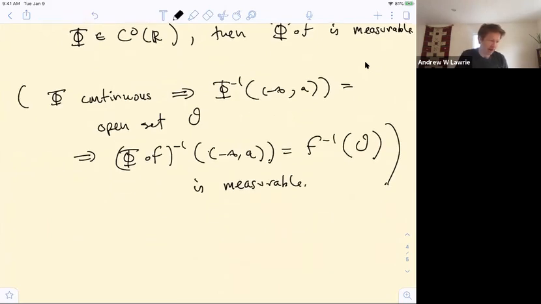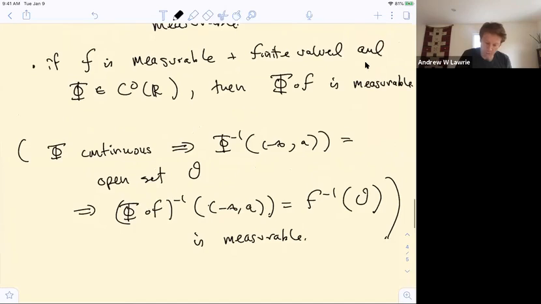So it's not true in general. The more general version of this isn't true.